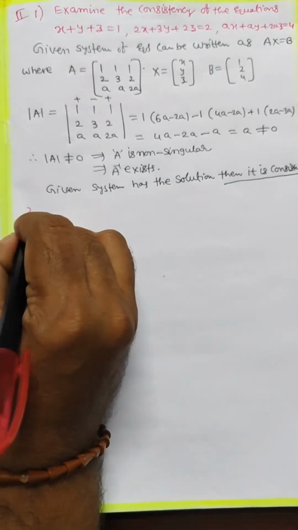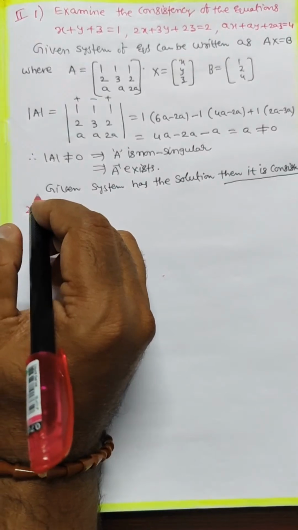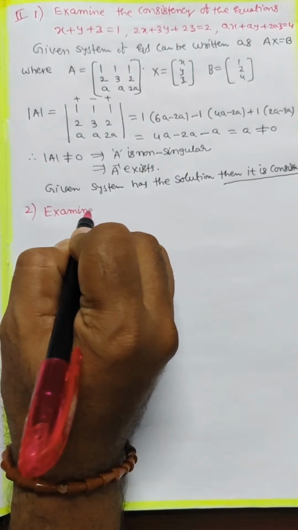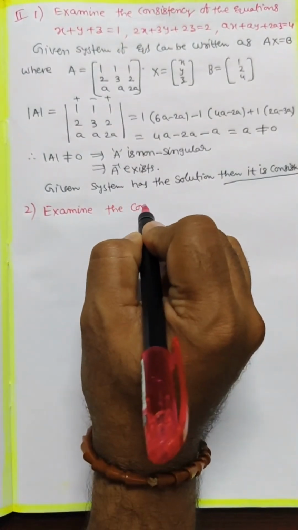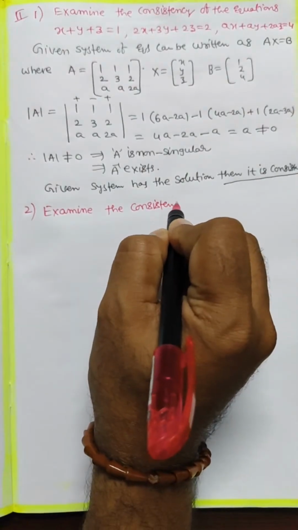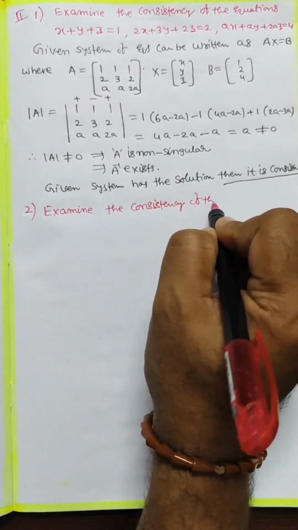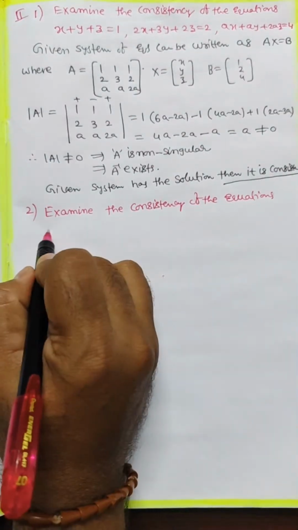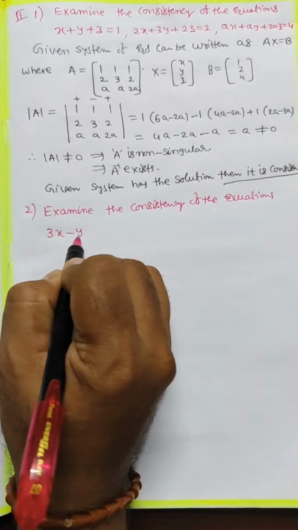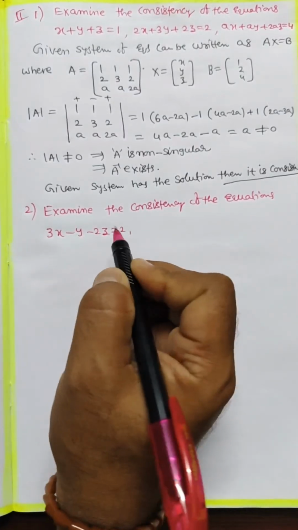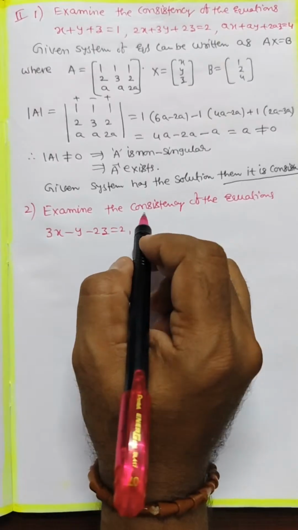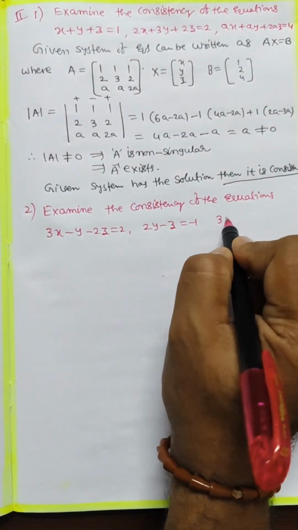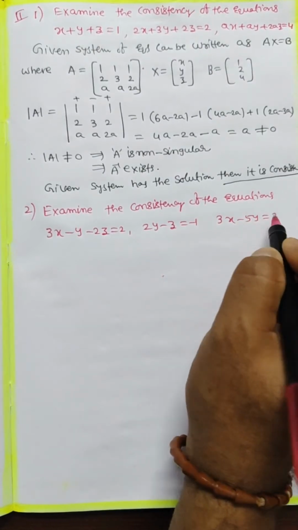So, question number 2 in this: examine the consistency of the equations 3x minus y minus 2z equal to 2, 2y minus z equal to minus 1, 3x minus 5y equal to 3.